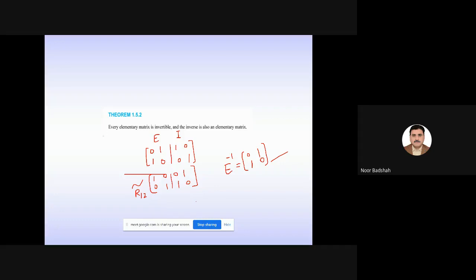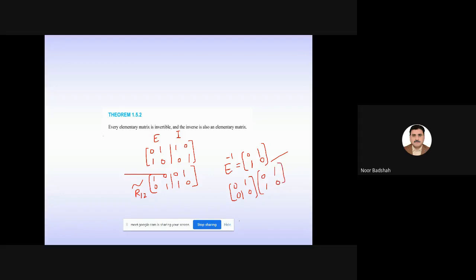Because if you multiply these matrices together, in this case, the matrix E is inverse of itself. It's 1, 0, 0, 1 multiplied by 0, 1, 1, 0.